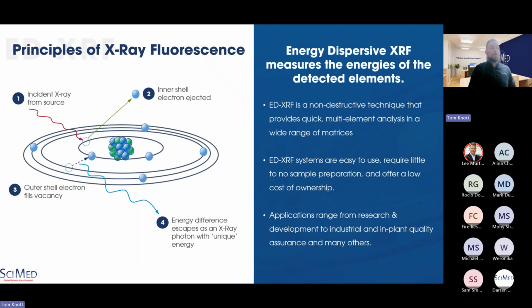So when we mention XRF, for those that may not be familiar intimately with the technique, we're talking about the interaction of incident X-rays with matter, and in this case, it's related to foods and animal feed, and causing an interaction in the atomic structure, primarily the ejection of an inner orbital electron, which then leaves the individual atoms of the sample temporarily unstable, and outer orbital electrons cascade down to fill those vacancies, and in doing so, release secondary X-rays that are characteristic of the individual elements producing them, and thereby by counting them through the counting electronics of various systems, we can approach quantification of the elemental makeup of those samples in various forms, be that solids, powders, pellets, liquids.